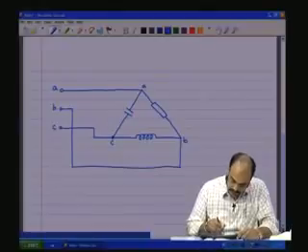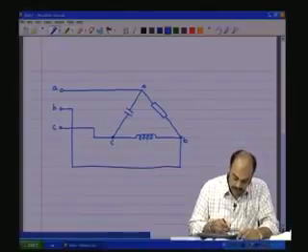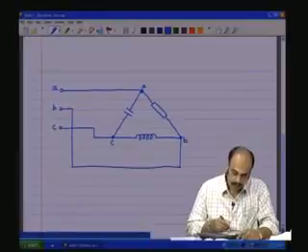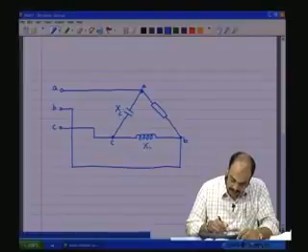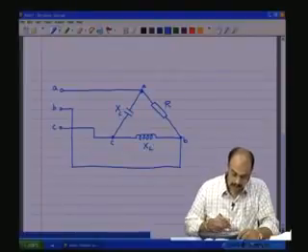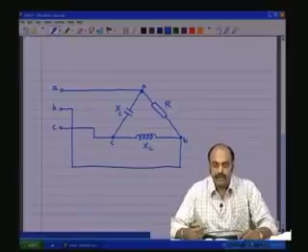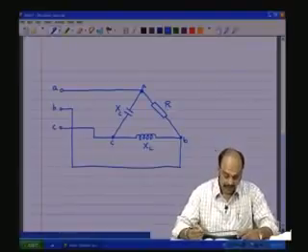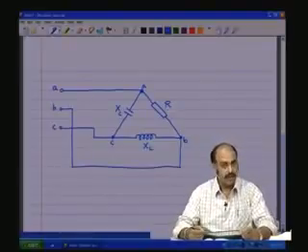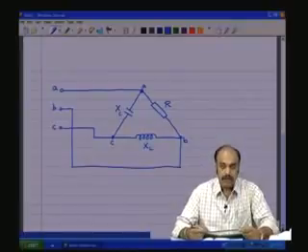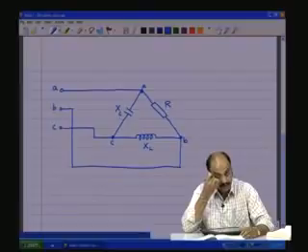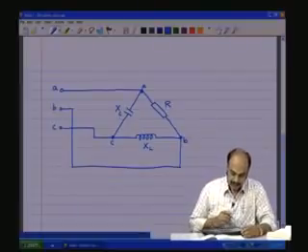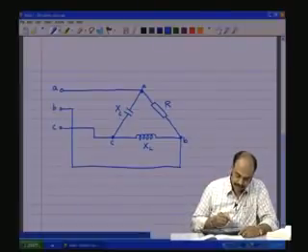So, these are the three delta point terminals. You have XC, XL and R. Each phase is having totally different type of impedance, and the impedance values are not the same, and therefore the load is an unbalanced load. So, under these conditions, what is expected to happen?